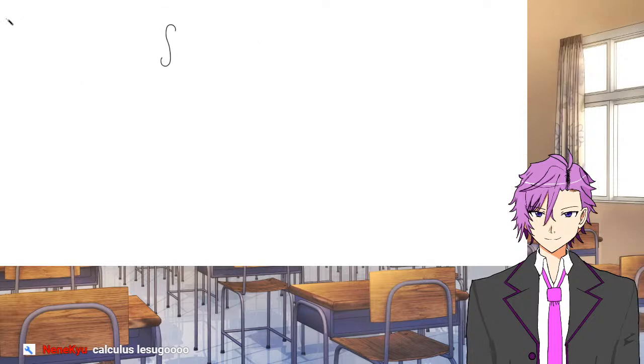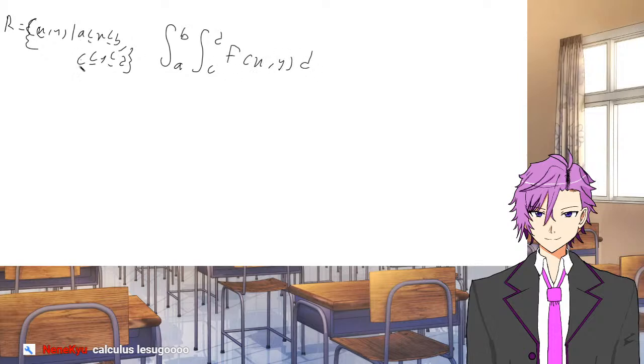So we'll say that R is the (x, y) region, in a curly bracket, a ≤ x ≤ b, then c ≤ y ≤ d. Integrate from a to b, c to d of the multivariable f(x, y). So this is dc. Since this is the range of y, we'll put dy. This is the range of x, we'll put dx.